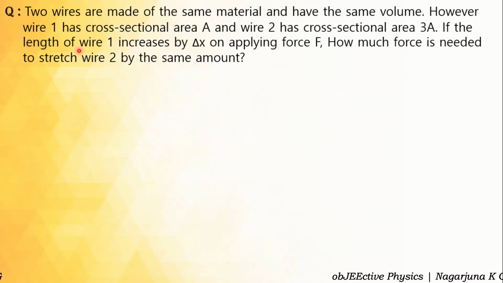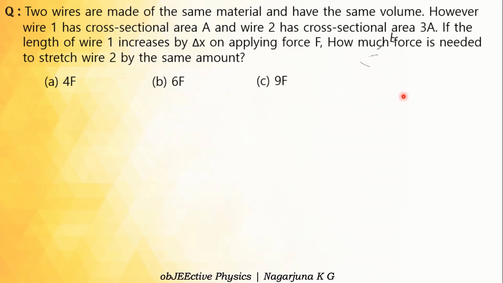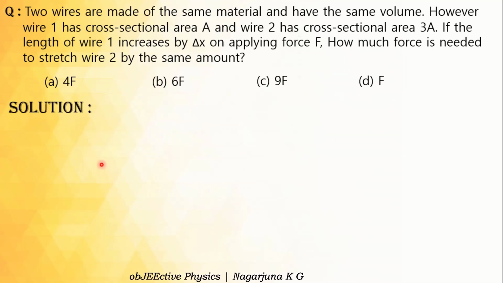If the length of wire 1 increases by delta x on applying force capital F, how much force is needed to stretch wire 2 by the same amount? Option A, 4F; option B, 6F; option C, 9F; option D, F. Solution.